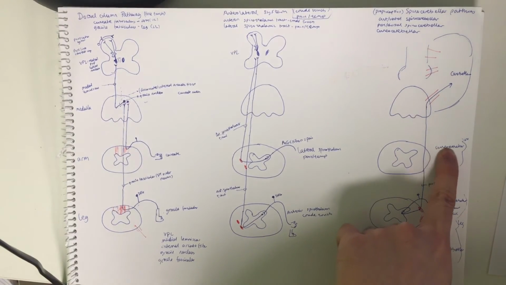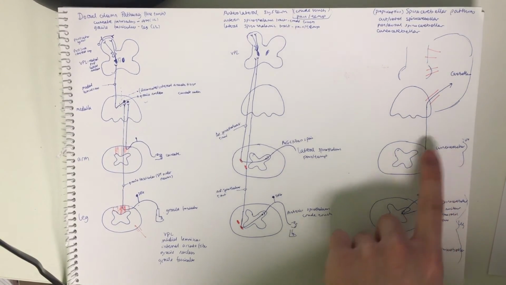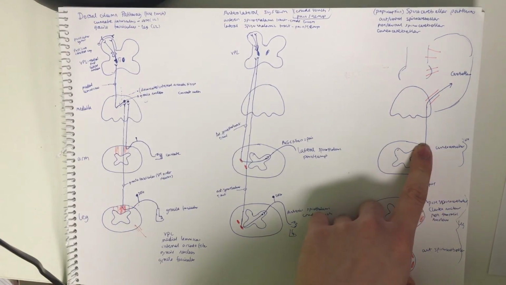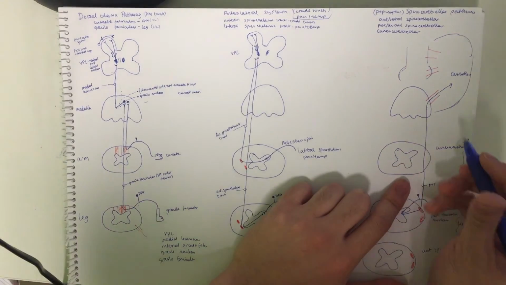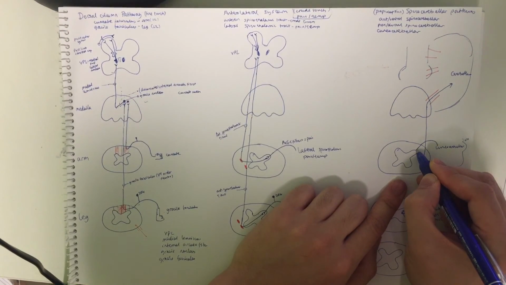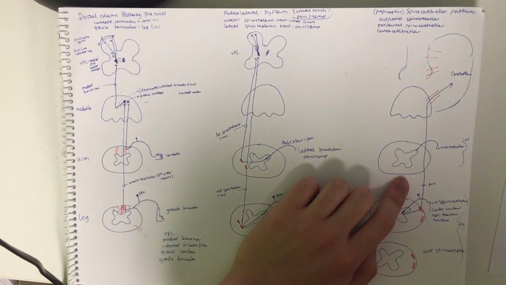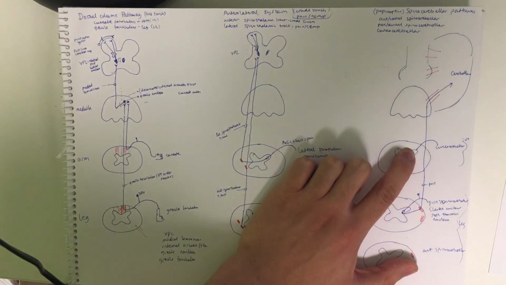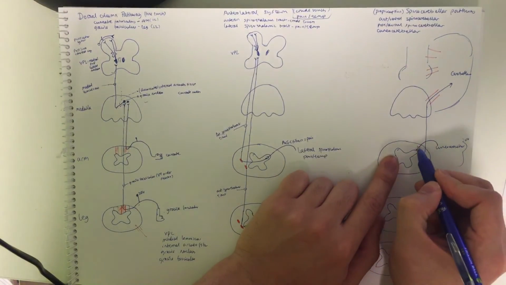Now we're going to talk about the cuneo-cerebellar. The cuneo-cerebellar is going to enter through the dorsal root, but on the other hand, it's not going to synapse at the dorsal horn.